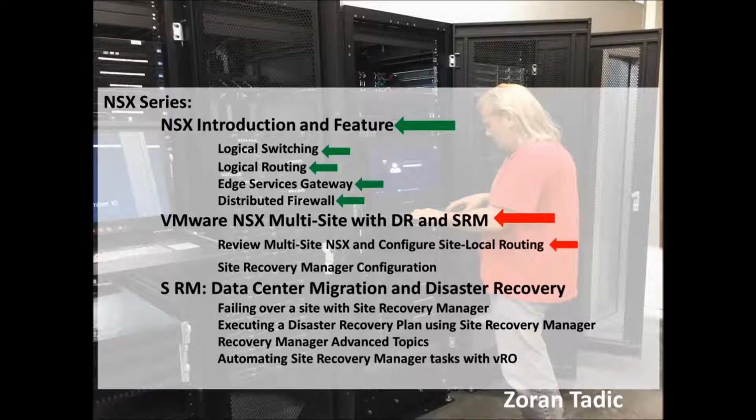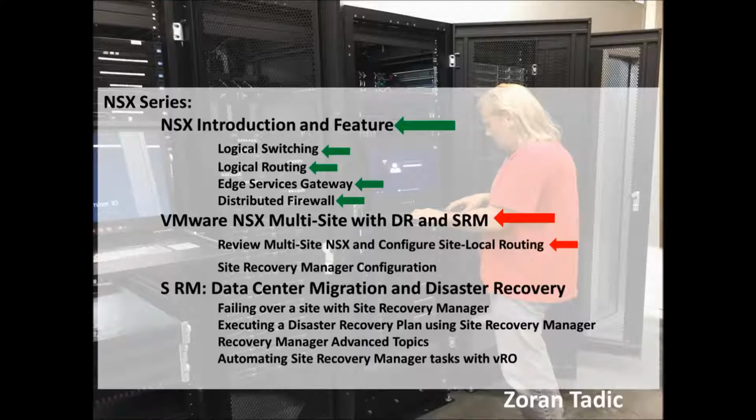A disaster recovery solution can also be built without leveraging Cross-vCenter NSX by using an external replication synchronization mechanism, such as VRO, vRealize Orchestrator, to recreate logical network and security between separate NSX instances across the two sites. However, Cross-vCenter NSX greatly simplifies this process.